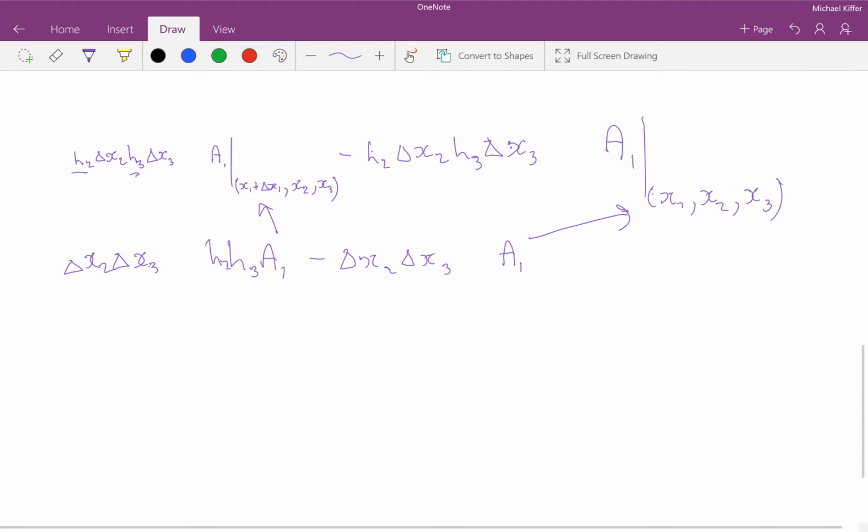Now we're going to multiply by delta x1 and divide by delta x1 so that it looks more like the derivative form that we're used to.